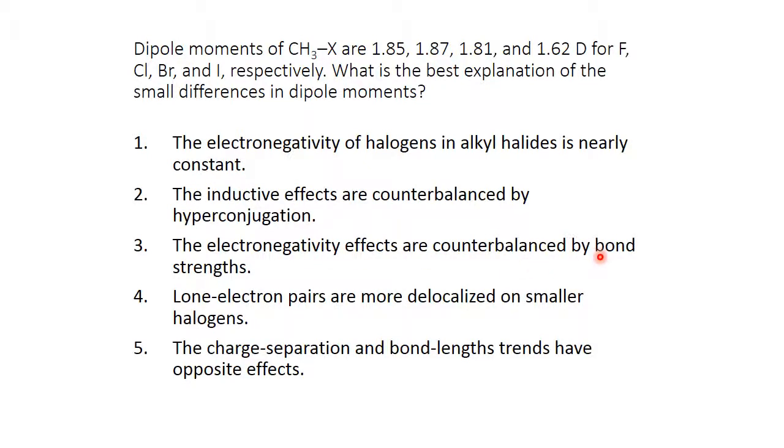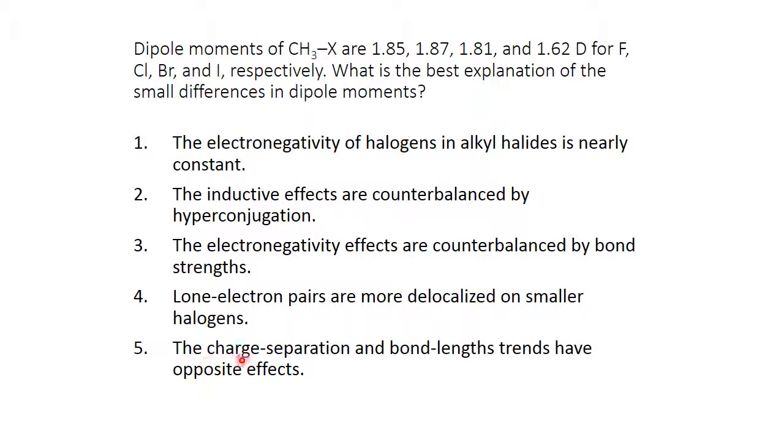A stronger bond doesn't affect the dipole moment. It doesn't have any effect. Okay, lone pair electrons are more delocalized on smaller halogens. It's actually the other way around. Lone pair electrons are more delocalized on a big atom than on a small atom.